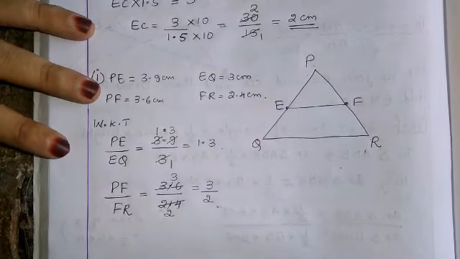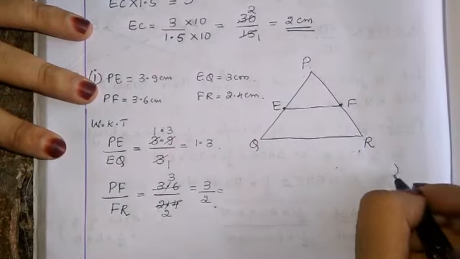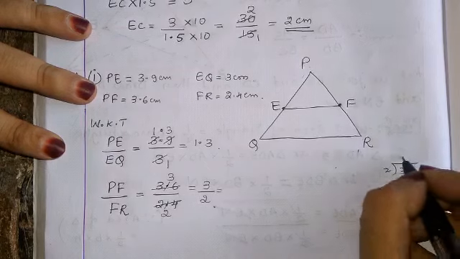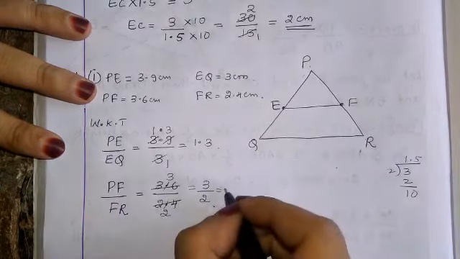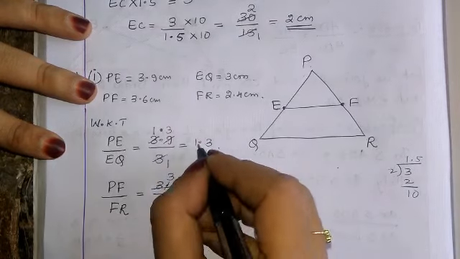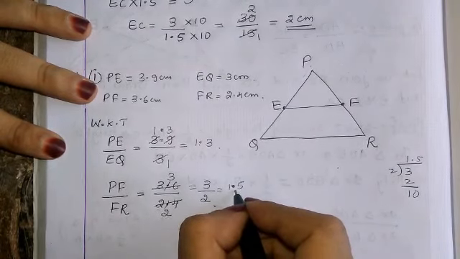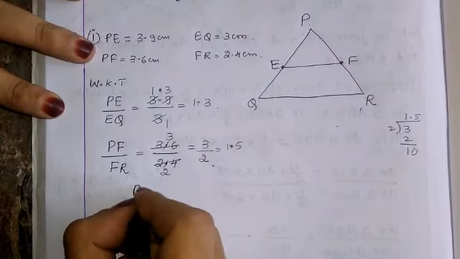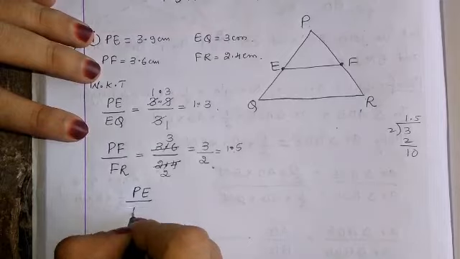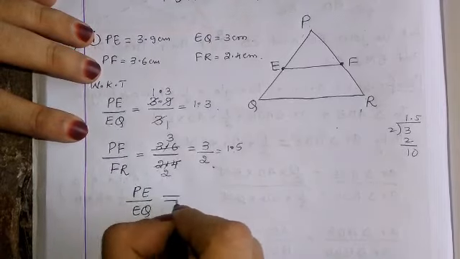If we divide 3 by 2, 2 1s are 2, 1.0, 2 5s are 10, we got 1.5. So here 1.3 and here 1.5. That means it is not equal. They both are not equal.